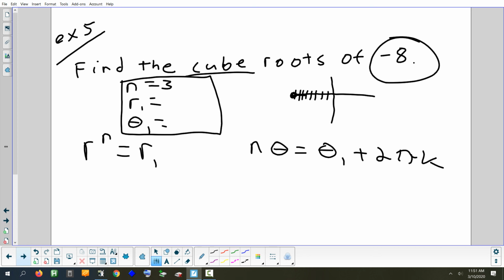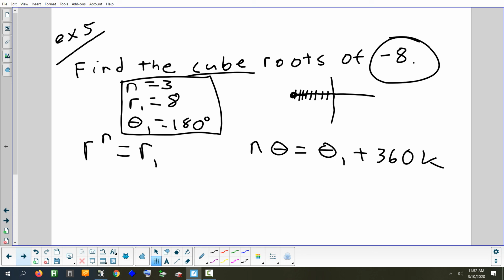Radius has to be a positive number. 8. And what's your angle? 180. So this time, since he said it to me right off the bat in degrees, 2 pi is the same as what in degrees? 360. So we're just going to do this whole problem in degrees right from the beginning.